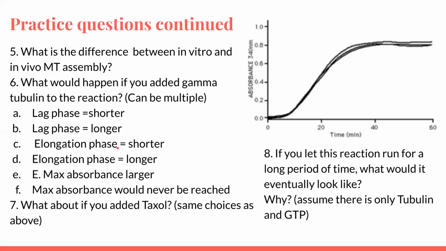Still a little confused on the elongation phase as to why it would be longer. Wouldn't adding gamma tubulin essentially allow elongation to occur faster, speeding up the elongation phase, thus making it shorter?